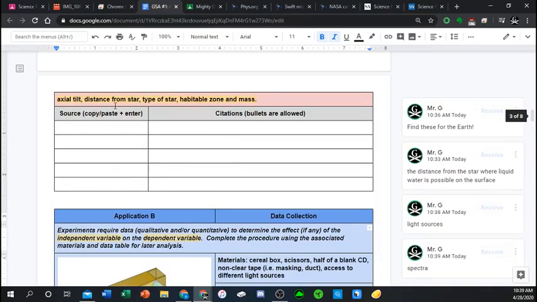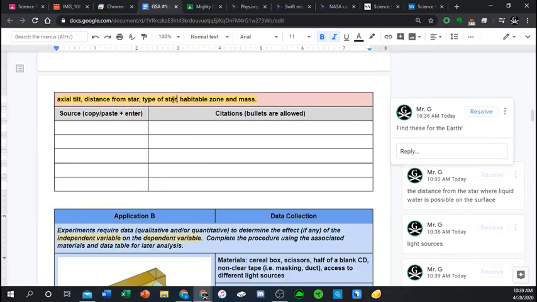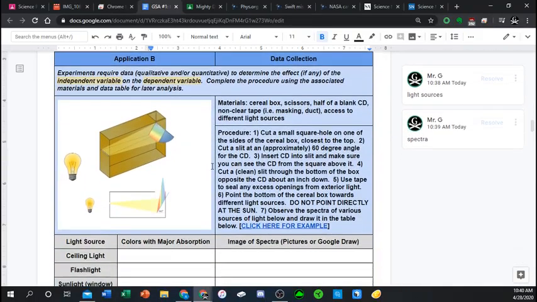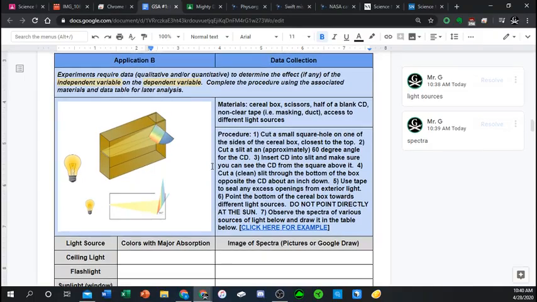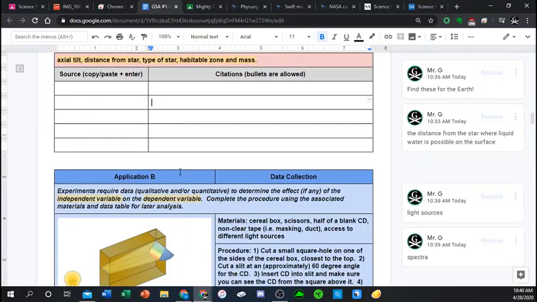Application A, these are the planetary scientists looking for planets around stars to see if they could harbor life as we know it, could harbor humans. You guys would be directing the planetary scientists because the type of star, probably the best, are sun-like stars. So what's a sun-like star like? Do a little bit of research, right? Then you guys are like, well, here's a sun-like star, here's a sun-like star, here's a sun-like star. So application B are the astronomers. Application A are the planetary scientists, the astrobiologists.